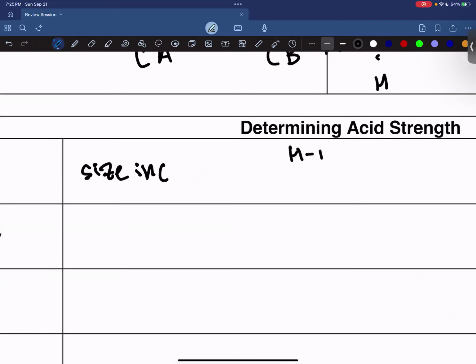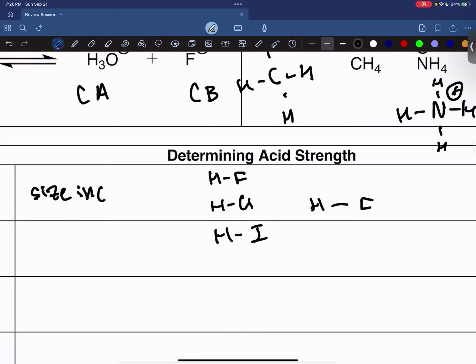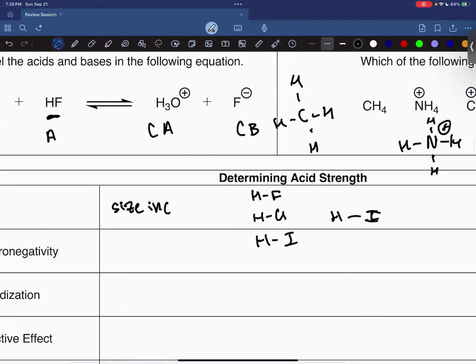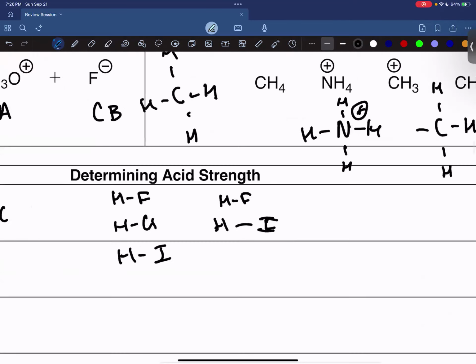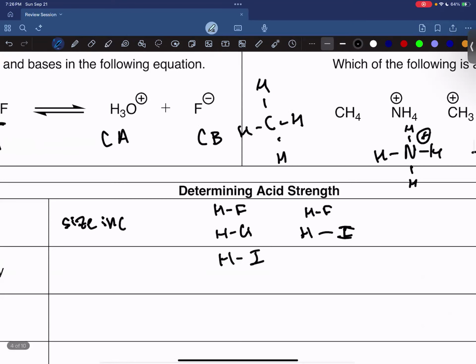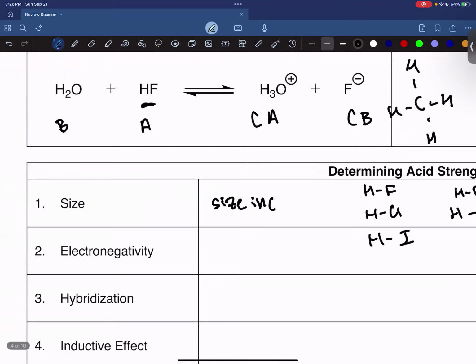The reason being, if we compare HI, iodine, HI has the longest bond out of all the halogens. So it's easier to break longer bonds than shorter ones. That's the reasoning, but you don't really have to know that. You just have to know bigger size is more acidic.